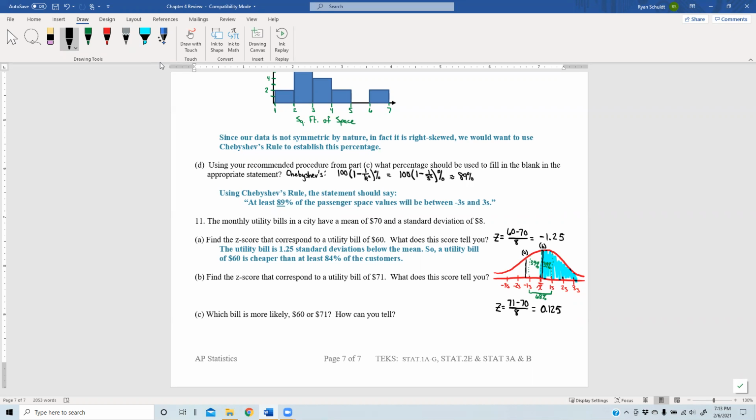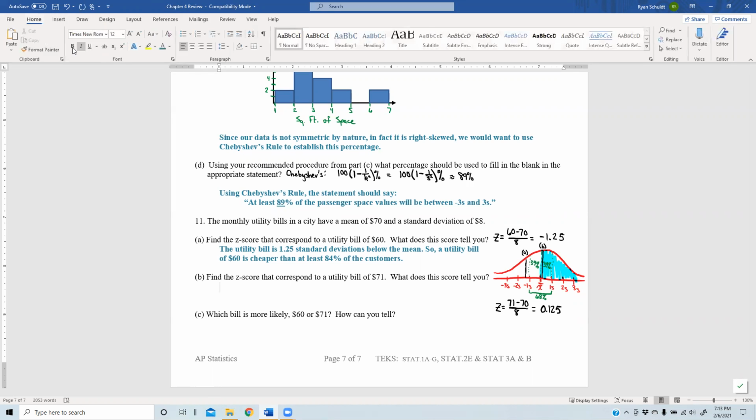So we can kind of mirror, honestly, what we said in A. The utility bill is 0.125 standard deviations below, no, not below, above the mean.